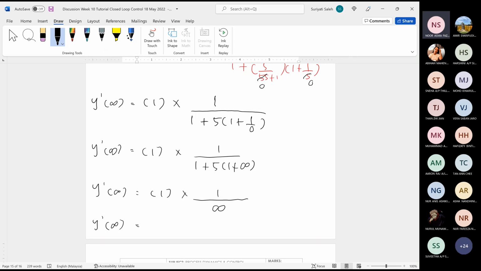Just imagine 1 divided by 100 is 0.01, 1 divided by 1000 is 0.001, 1 divided by 1 million is 0.000001. So it's approaching 0 because infinity is considered a big number. 1 divided by a big number should approximate 0. So for this part, 1 multiplied by 0, you get 0.